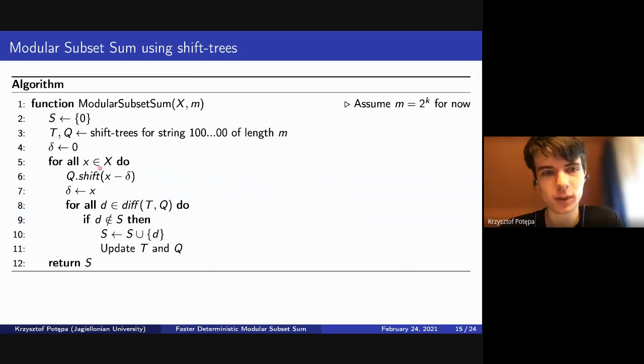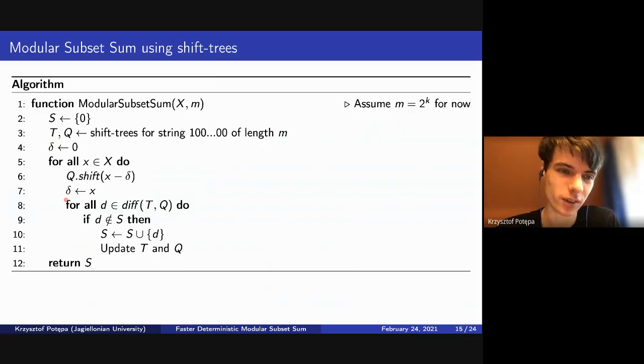And we now iterate over all elements. We first change the shift of the tree Q to match X, and we set delta to X. So we shift by the difference between X and delta. It's always a difference between two consecutive processed elements, unless we process the first element, then it's just X minus 0.